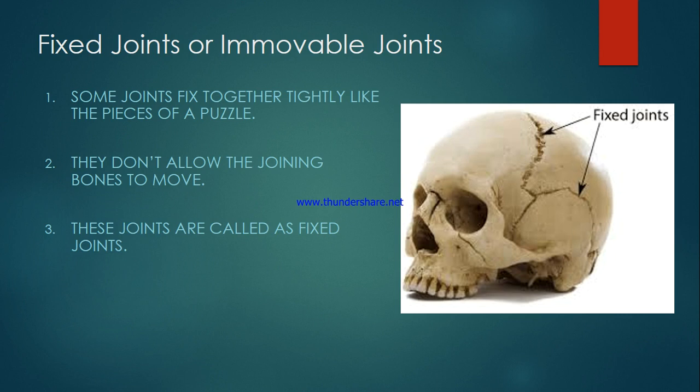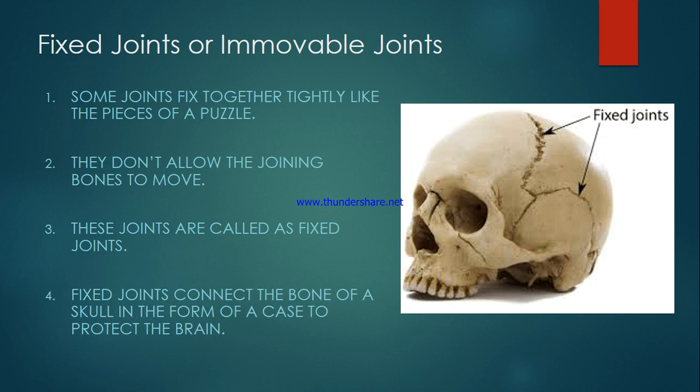These joints are called fixed joints, and you can observe it in the given diagram, that is the skull. The joints of the skull are so fixed together that they cannot move. Fixed joints connect the bones of the skull in the form of a case to protect the brain.